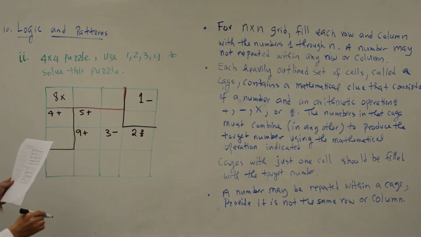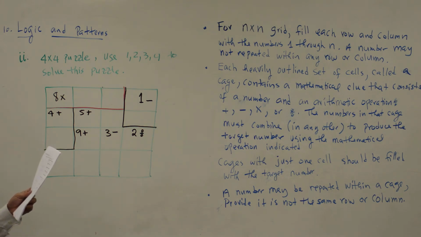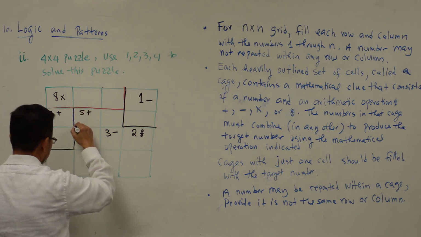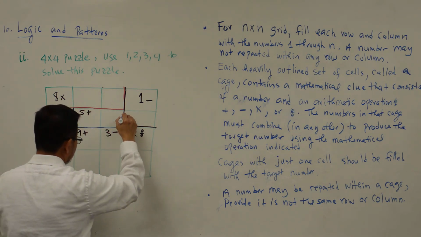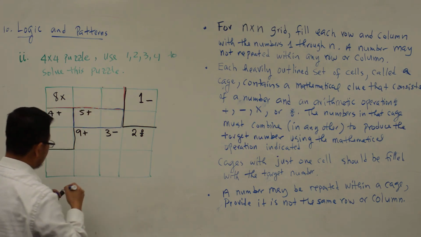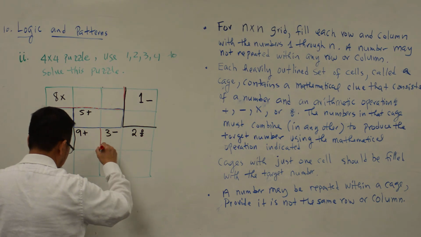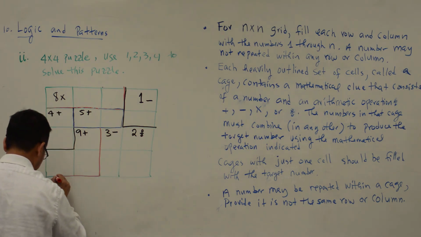That's 4. So 5 is from here to here. That's 5. For 9, we have 9 as a 3-column cage. Okay. So that's 9.